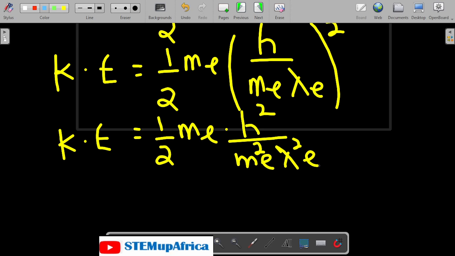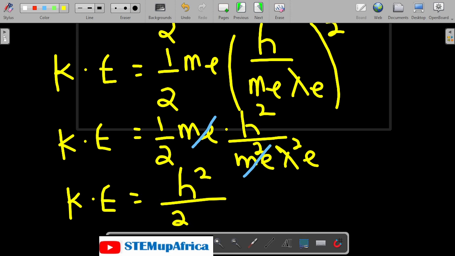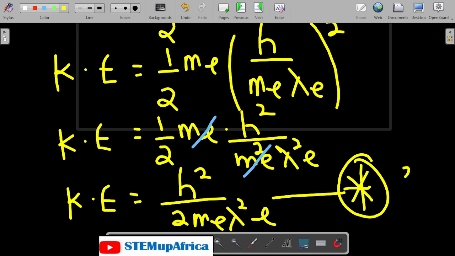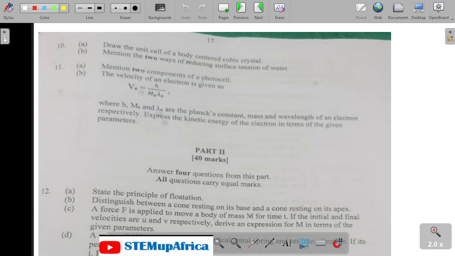So one of the me can cancel, and my KE becomes h squared over 2 me lambda squared e. I call it equation 3. That's the expression for the kinetic energy.